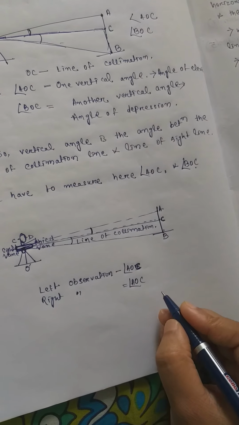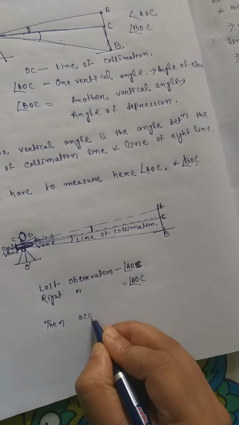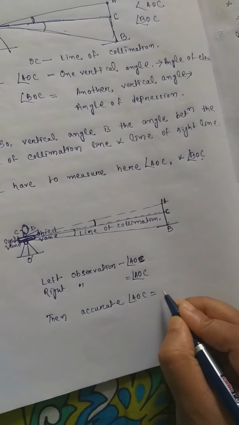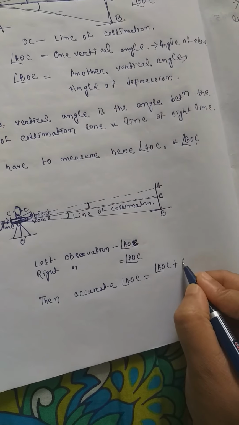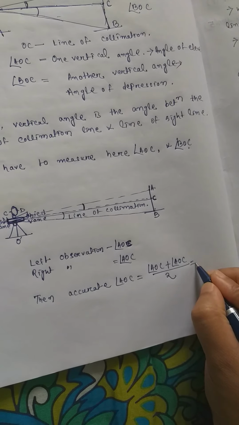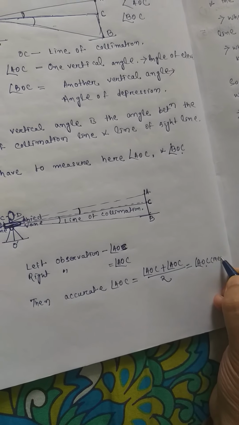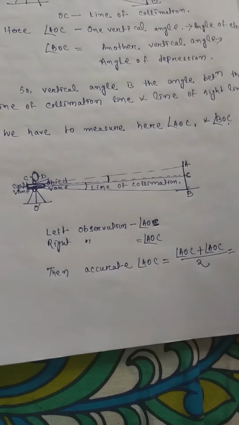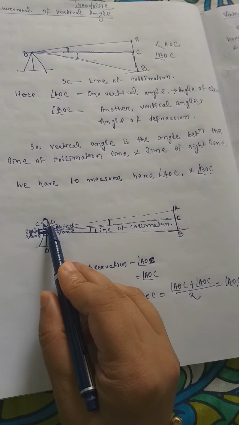Then the accurate AOC angle is equal to the first observation AOC plus the second observation AOC divided by 2, that is the mean angle AOC. Thus we can get the angle AOC.